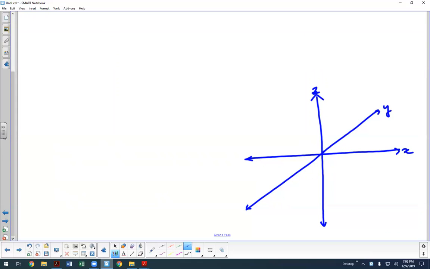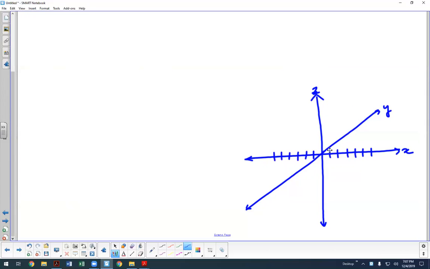Now, when we are marking our little axes, this is kind of what we need to do. So our X, I'm actually drawing 6 marks on each side.